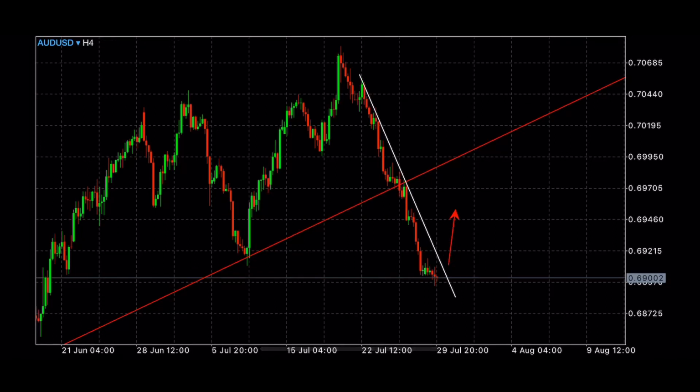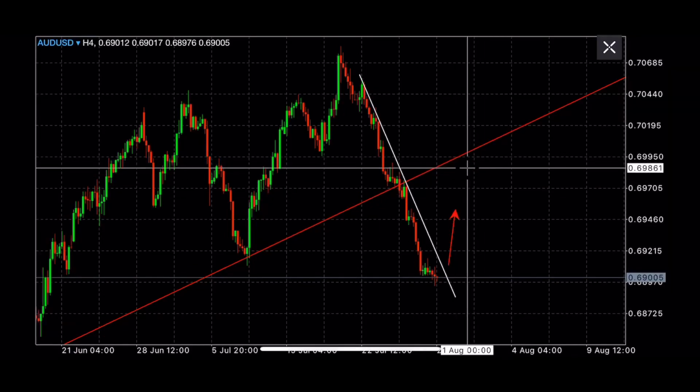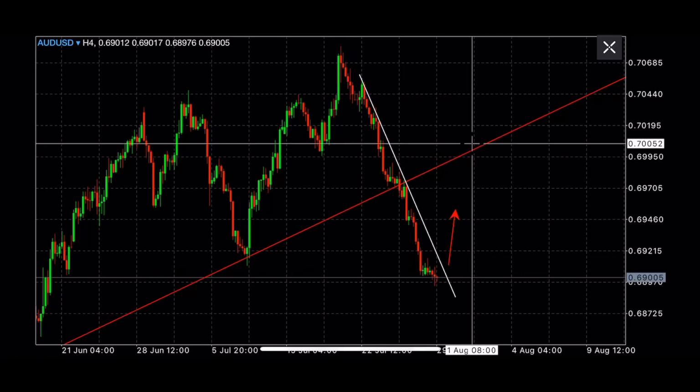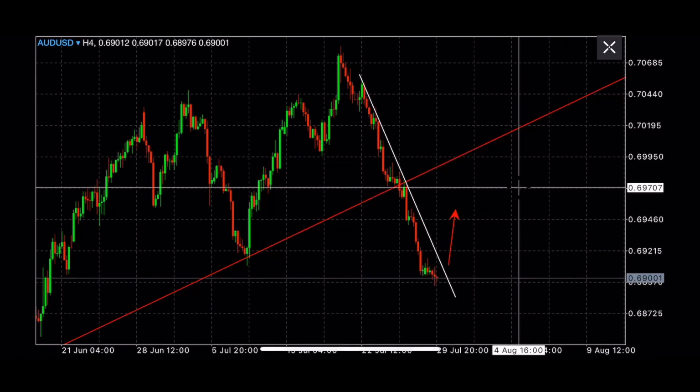And when the price does cross this line, I want you to enter this market, and most likely we are going to retest this area there before going back down again, continuing the downtrend.